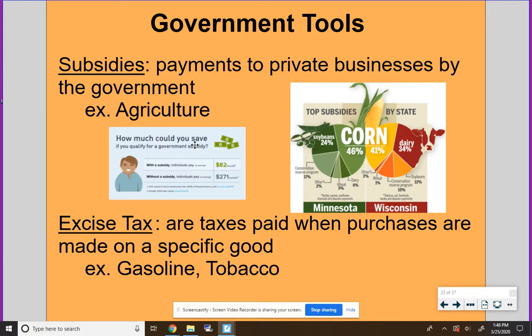Or let's say you can't afford your health insurance. The government might pay through a subsidy so health insurance can be affordable. That affects supply. Taxes, as I mentioned, affect supply. An excise tax, sometimes referred to as a sin tax, is a tax on certain goods so that only people that use them pay for it.